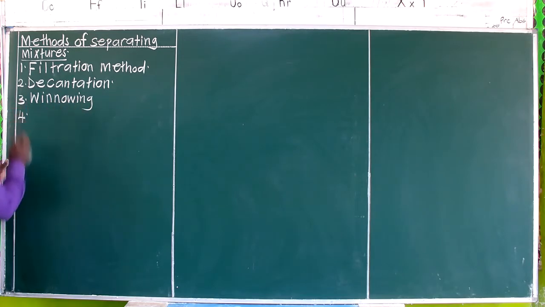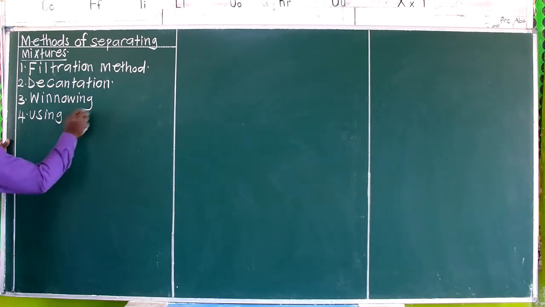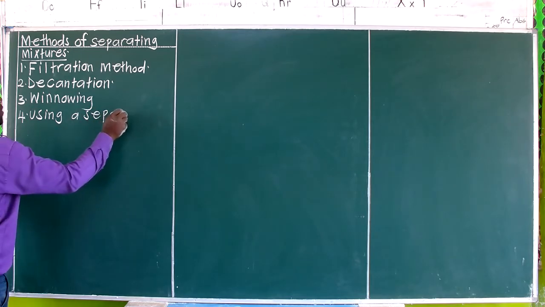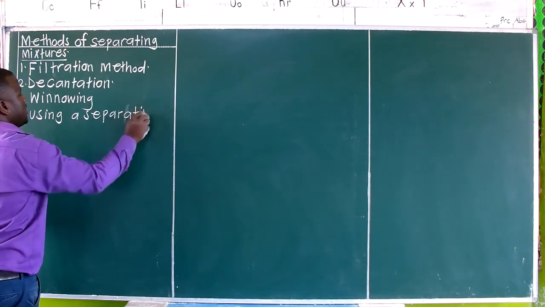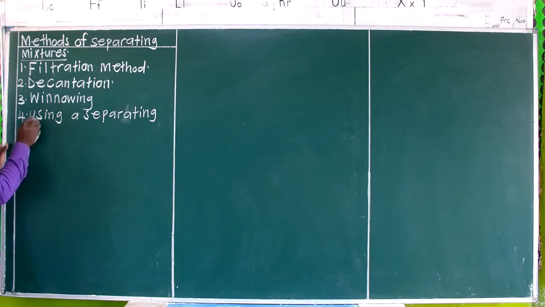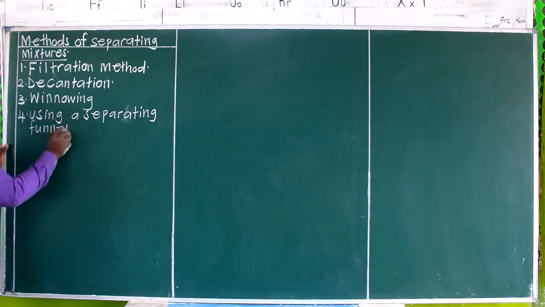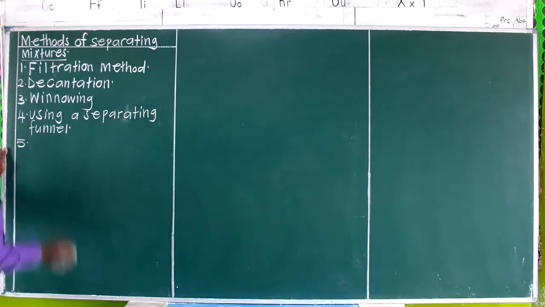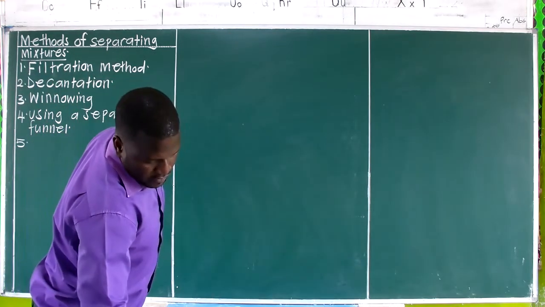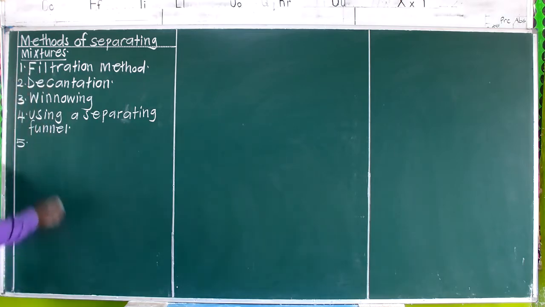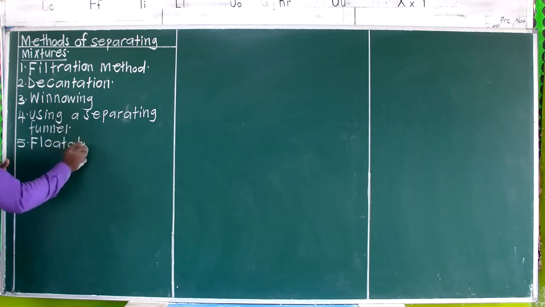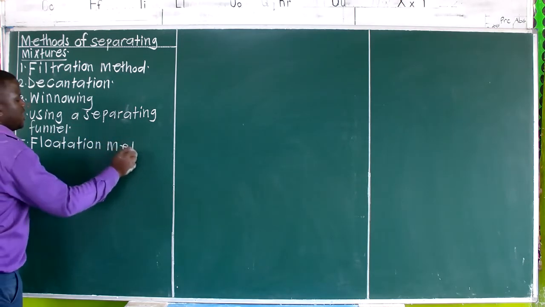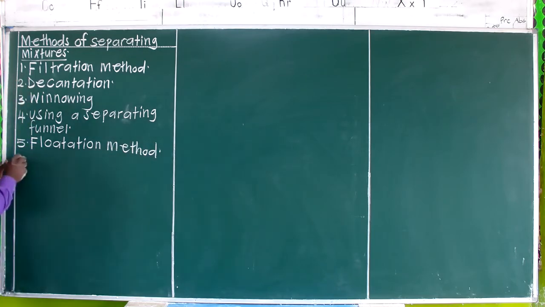Number four, we have what we call using a separating funnel. Number five, we have the flotation method.